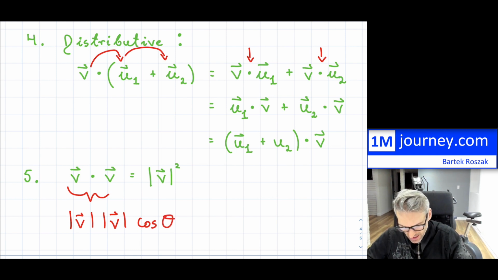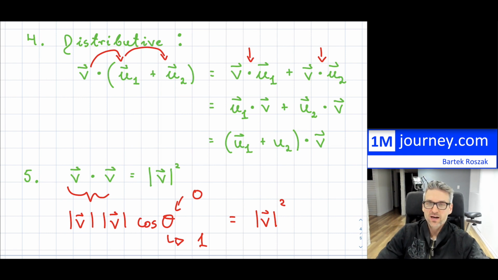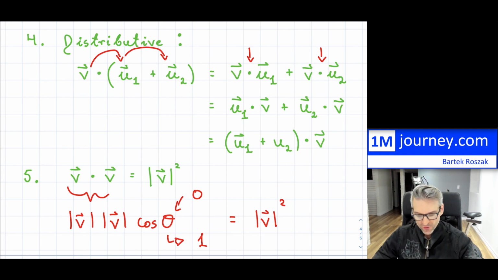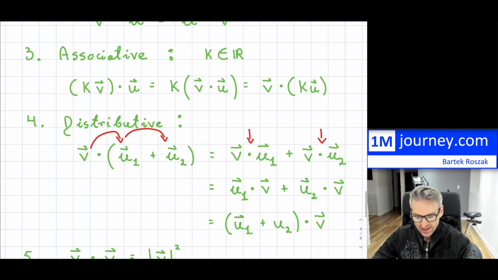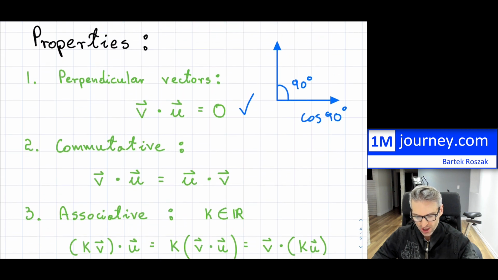Well, the angle in between the same vector is just 0, and cos of 0 is just simply equal to 1. So if that's equal to 1, then of course this is just going to be the magnitude squared, because it's just v times v itself. Those are the actual properties that you will be thinking about of this dot product.